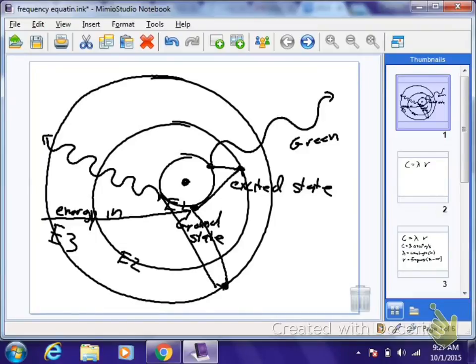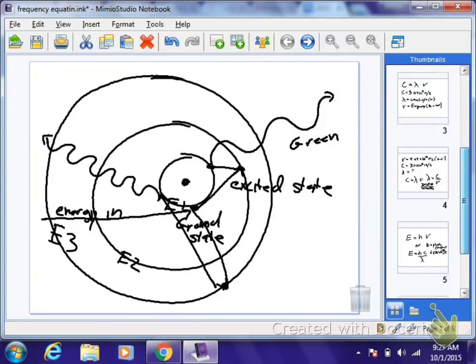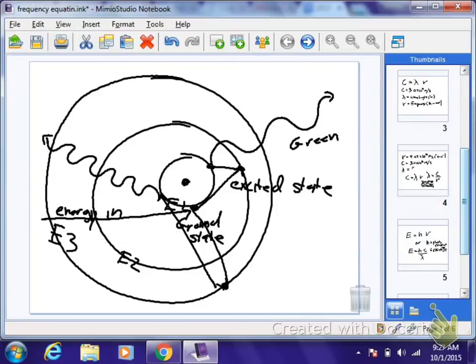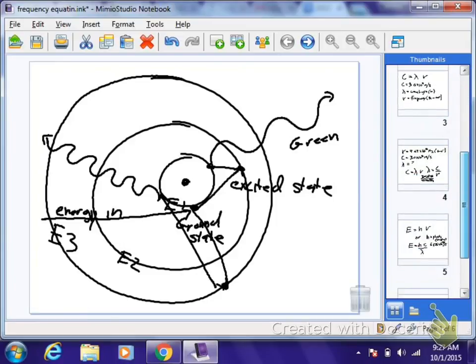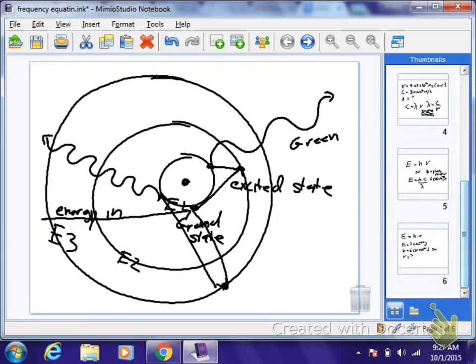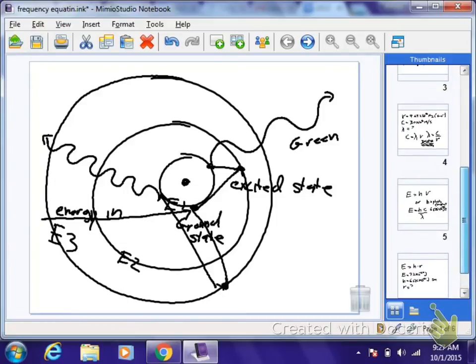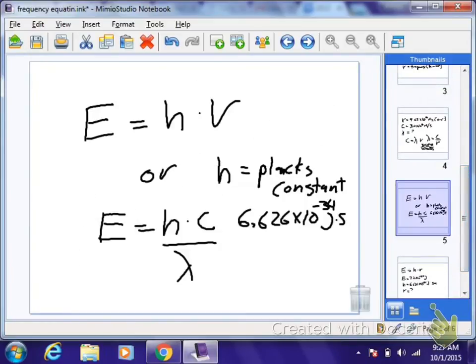But if we're going down to the individual atom, we're just talking about energies associated with those. Any questions?